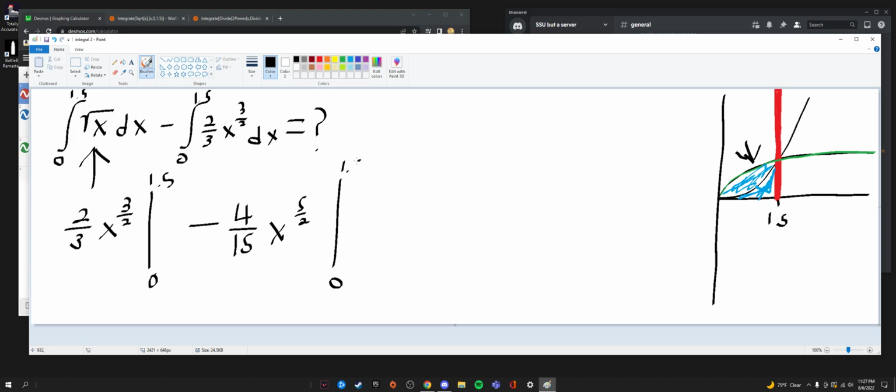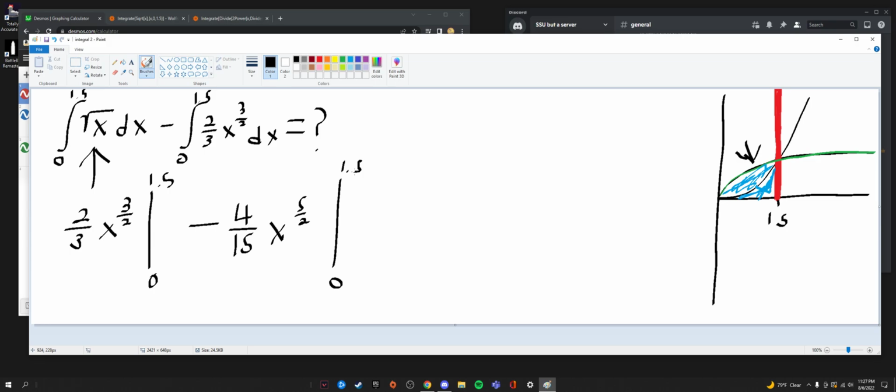I don't really know what to call it. Now that we have it from 0 to 1.5, it really is just a lot of number crunching, and I did this almost all by hand. It was awful. So first thing we want to look at is, since the lower bound of the integral is just 0, we don't have to consider that.